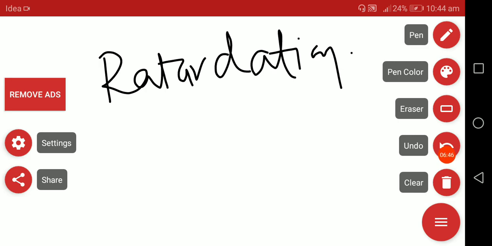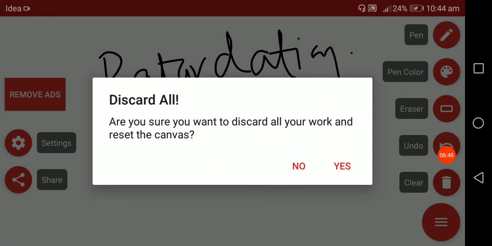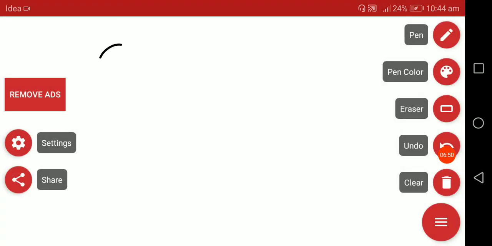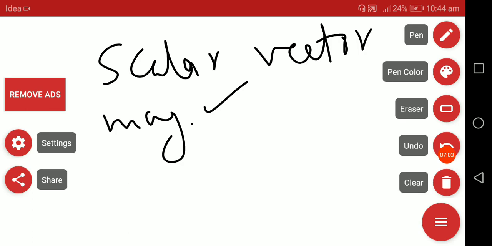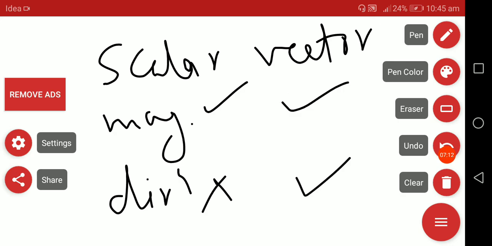Okay. Now the next thing that we have to study is what is meant by scalar quantity and vector quantity. Scalar quantities are those quantities which have only magnitude and not direction. Similarly, vector quantities are those which have magnitude as well as direction.